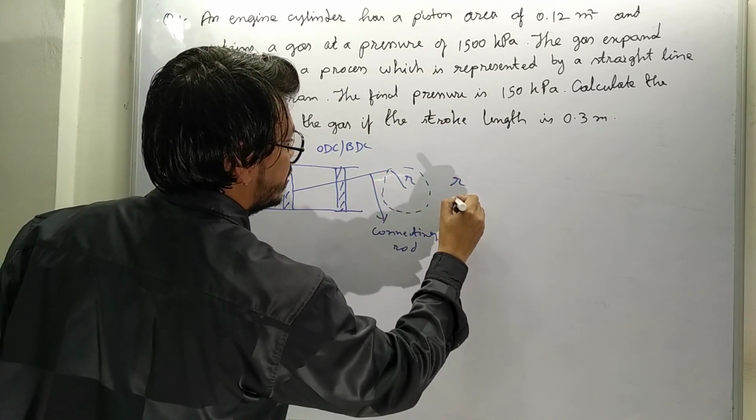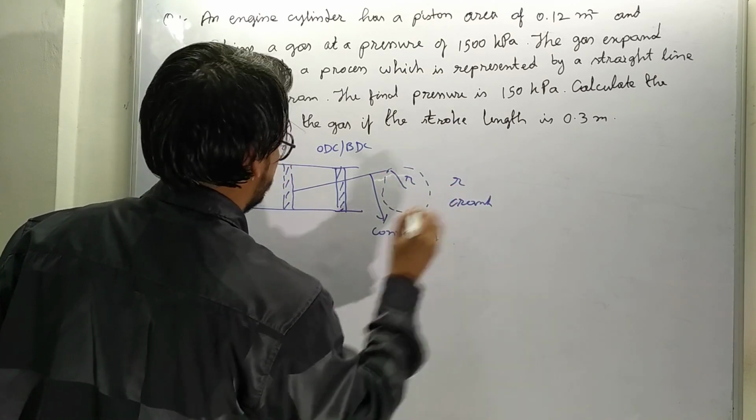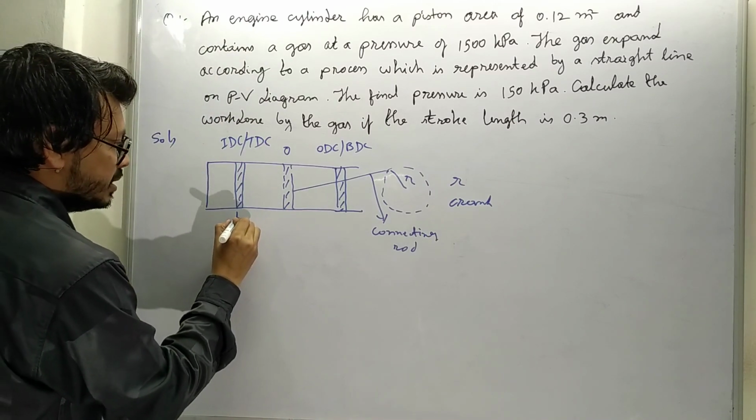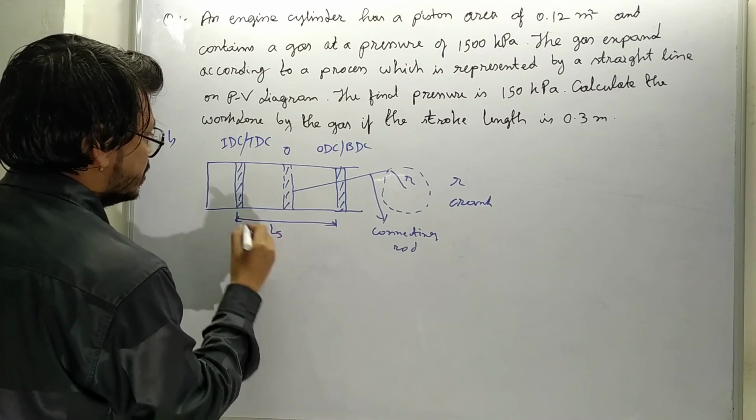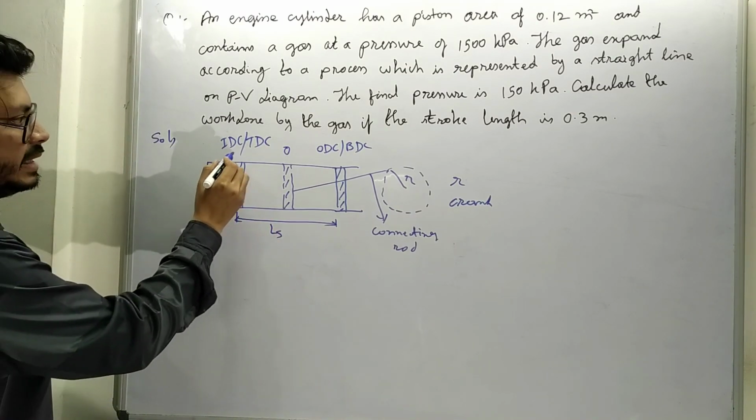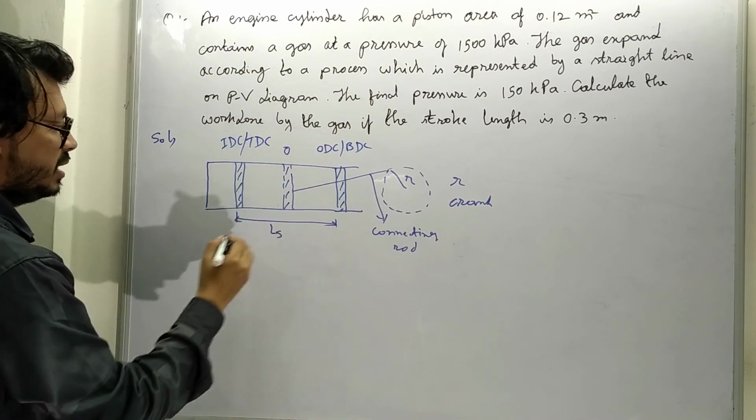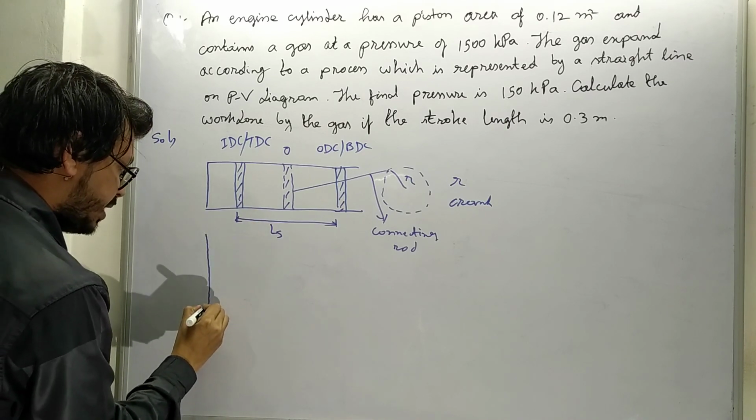This is the radius of the crank. Now this distance is the stroke length. So the distance from inner dead center to outer dead center is the stroke length. Now we can represent this on PV diagram.